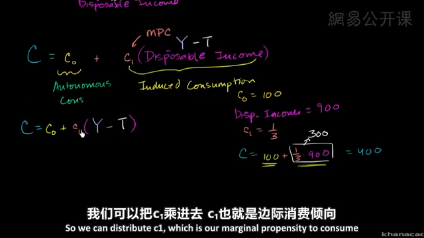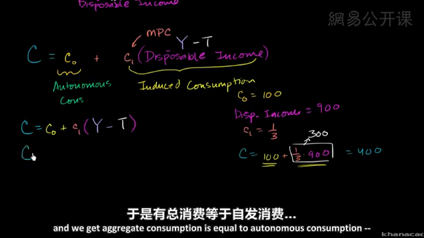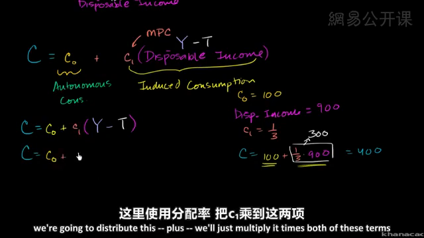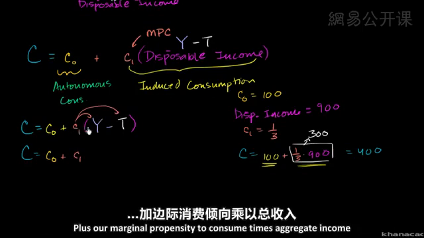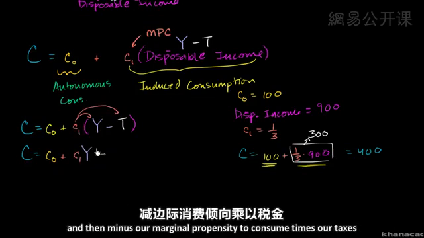We can distribute C1, our marginal propensity to consume, and we get aggregate consumption is equal to autonomous consumption plus C1 times aggregate income, and then minus our marginal propensity to consume times our taxes.